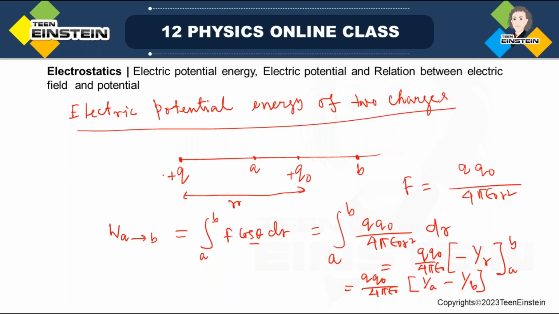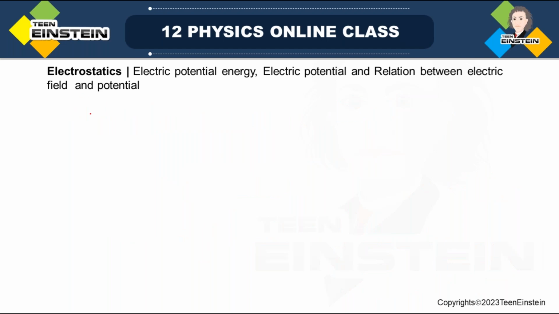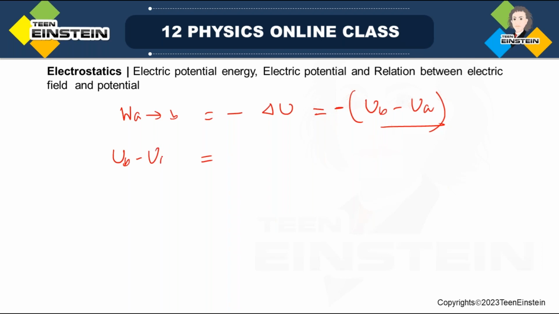All right, now if we want to correlate this work done A to B with the change in potential energy, we have to write delta U like this, or in other words, we can write this UB minus UA like this with the minus sign over here. So UB minus UA will be how much?